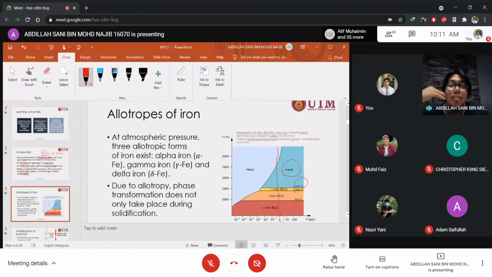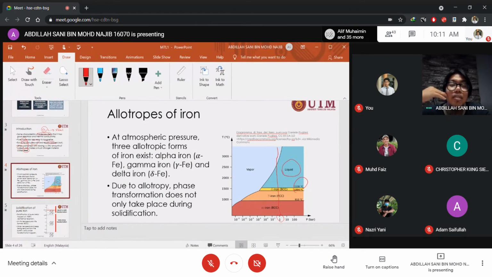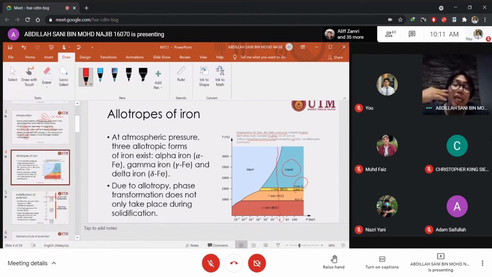As the cooling continues, the solid delta becomes gamma iron, and gamma is a different phase. It has the FCC structure, and eventually, when it goes below 910 during the cooling, we will have again the BCC structure of alpha, right?